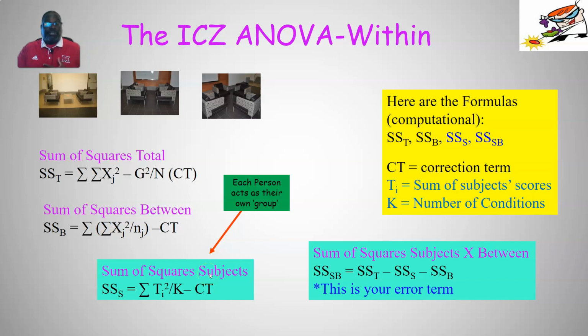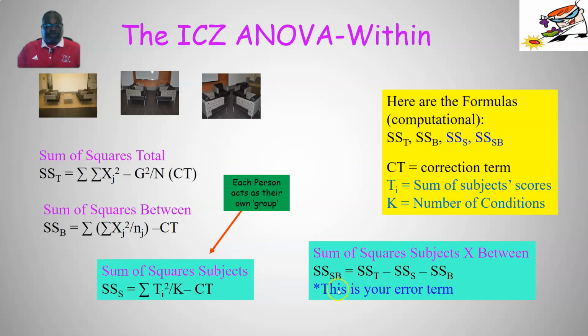And because we're using the same person across conditions, we can account for that. That now becomes something we can account for. So then our error term changes, and this is this SB term. So this is subjects by between. This is what's left over once we account for individual variability as due to people being people and the effect of our manipulation.